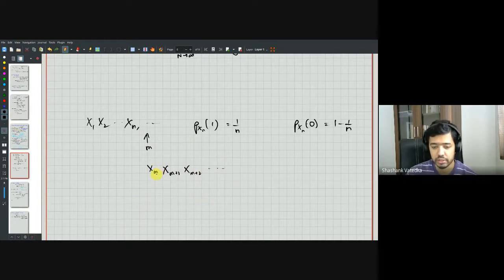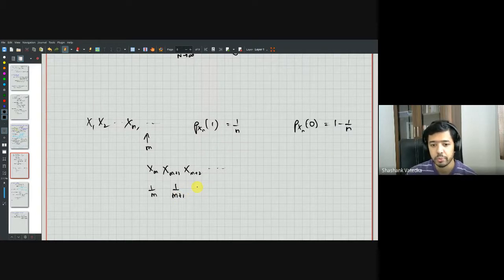So sorry, these are all independent but not identically distributed. My bad. So these are all independent random variables, not identically distributed. The probability of xm equal to 1 is 1 over m. The probability that xm plus 1 is equal to 1 is 1 over m plus 1, and so on, right?